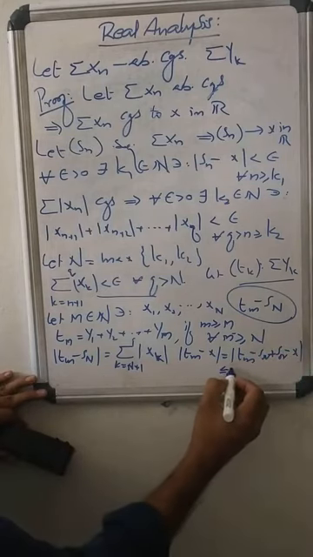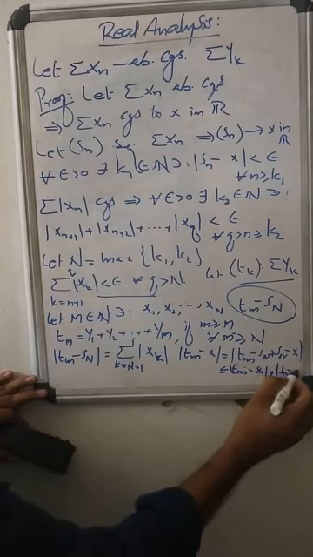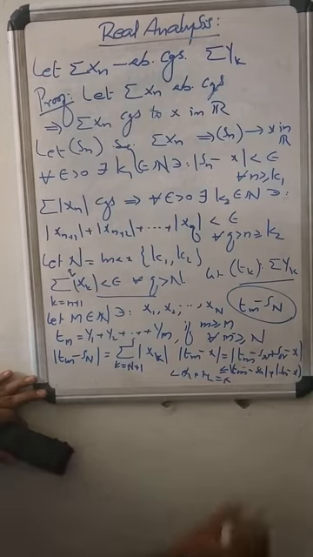By the triangle inequality, it is less than or equal to modulus of Tm minus SN plus modulus of SN minus x, which is strictly less than epsilon by 2 plus epsilon by 2, that is epsilon.